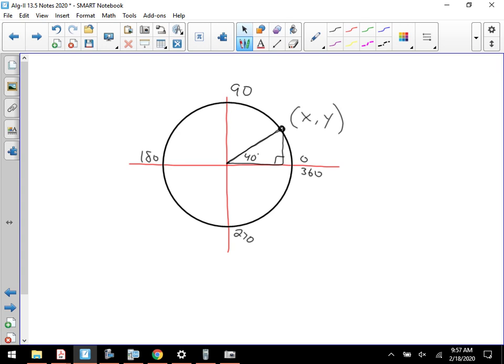So in essence, if I take this point here and reflect it horizontally across, would the y value stay the same? Yeah. Okay. The x value just becomes negative. So if I moved it vertically, the x's stay the same, and the y value just becomes negative.